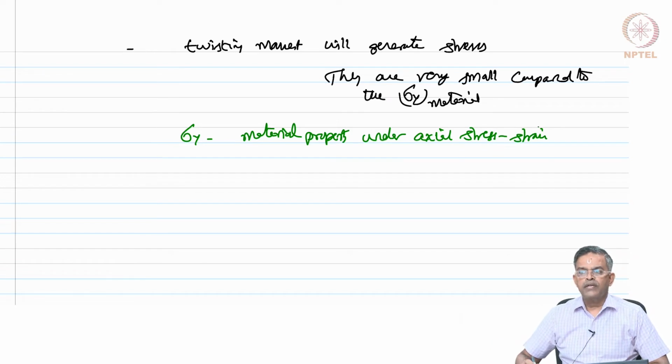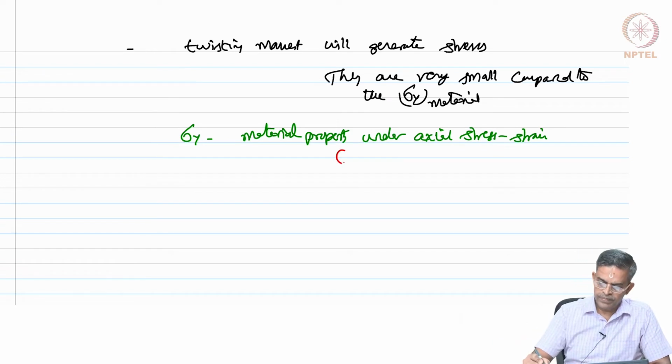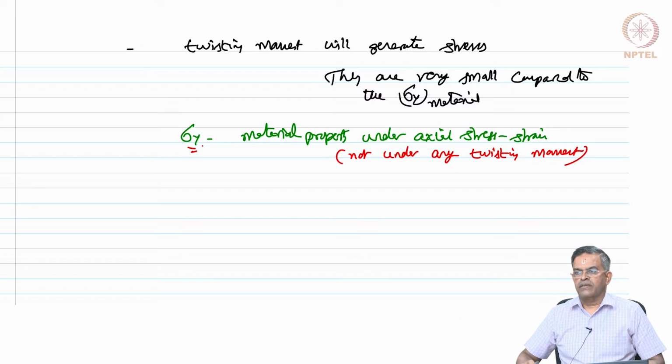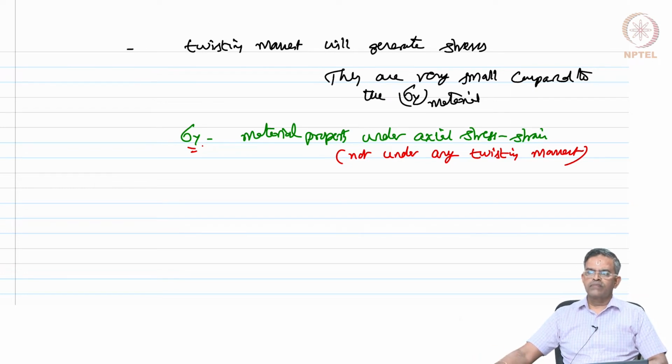It is not under any twisting moment. Yield strength is calculated based upon axial stress strain. But this is a very important assumption we make, so that this is helpful for our analysis.